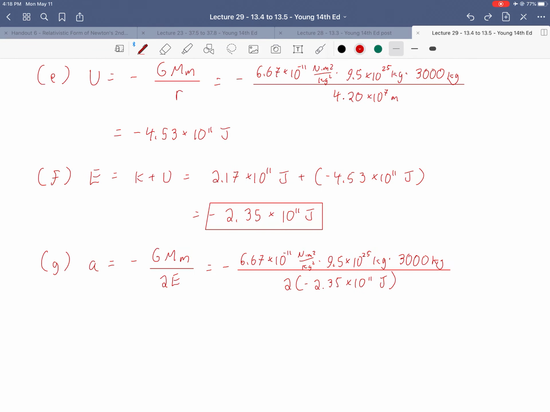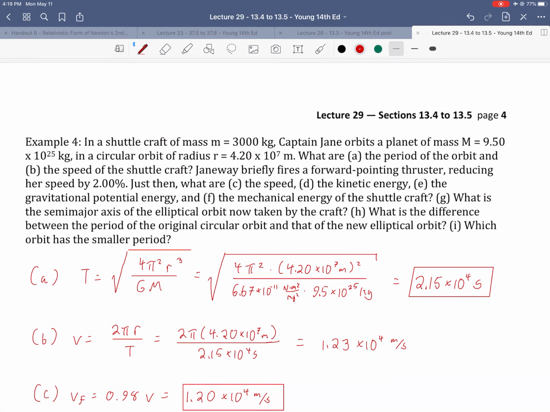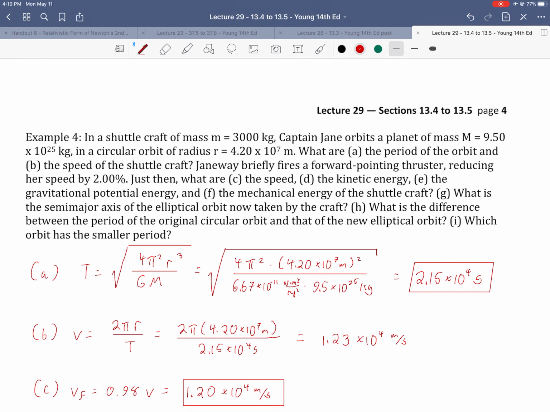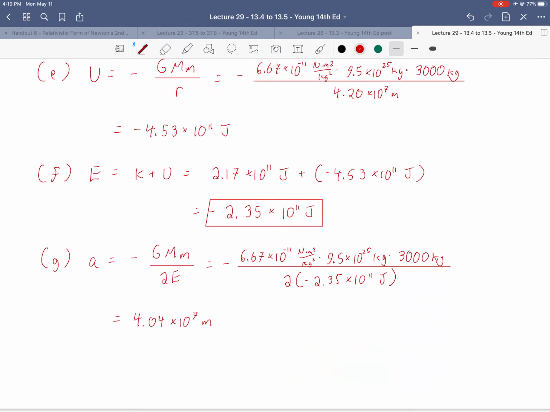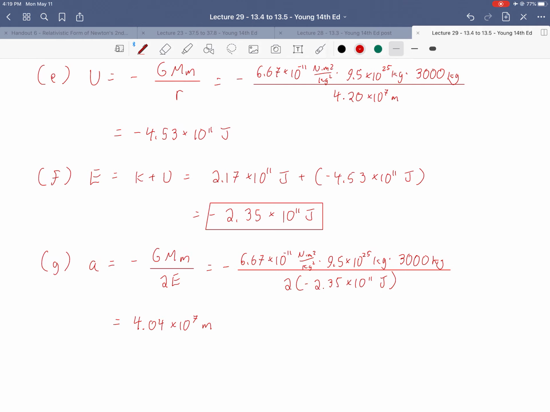All right, so now we're just solving for A. And that gives us a semi-major axis of, let's see, 4.04 times 10 to the 7 meters. How does that compare to our original one? Well, we see initially our circular orbit had a radius of 4.2.